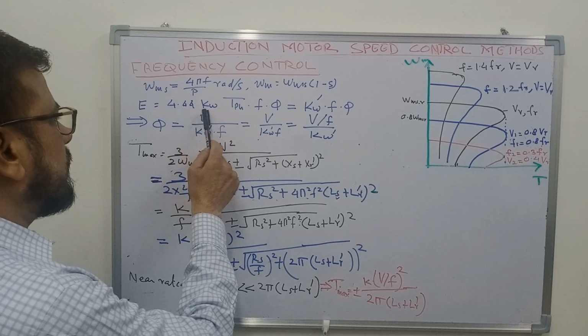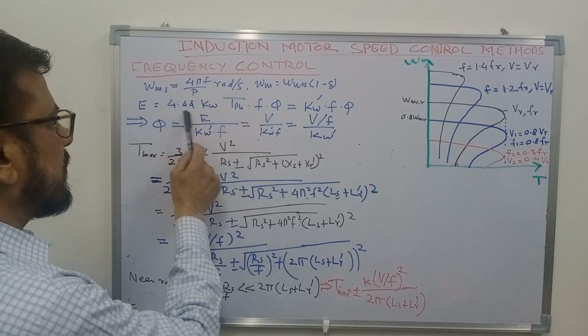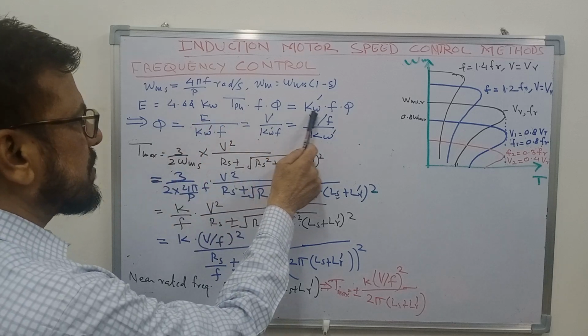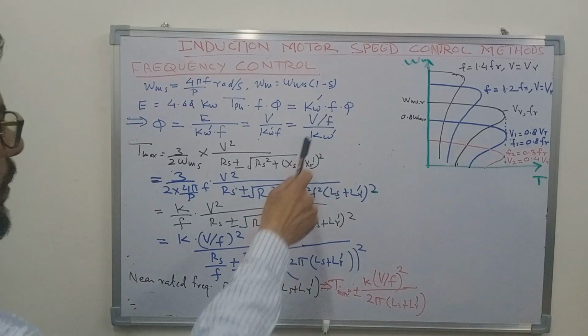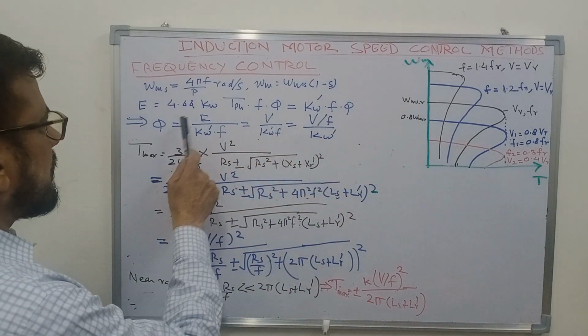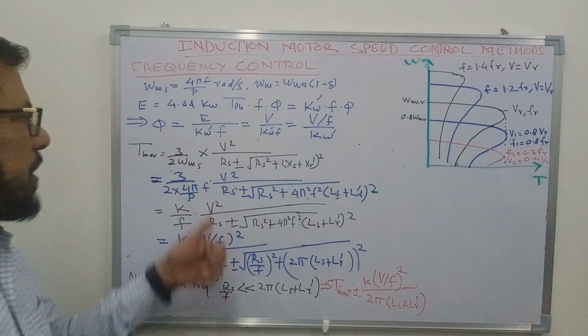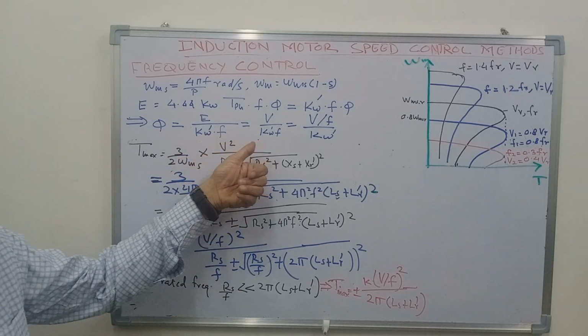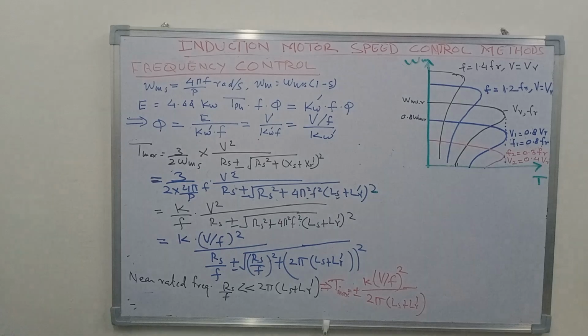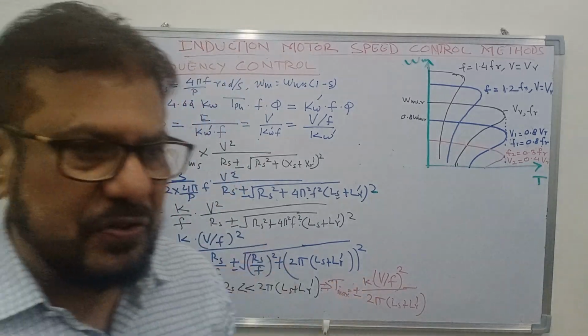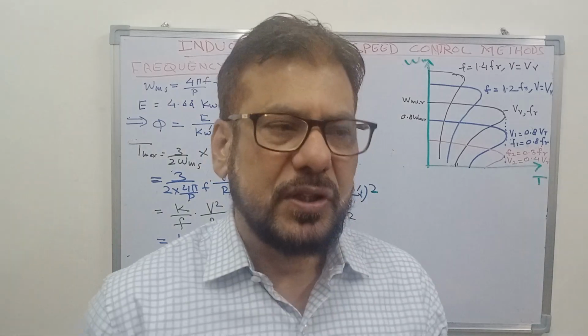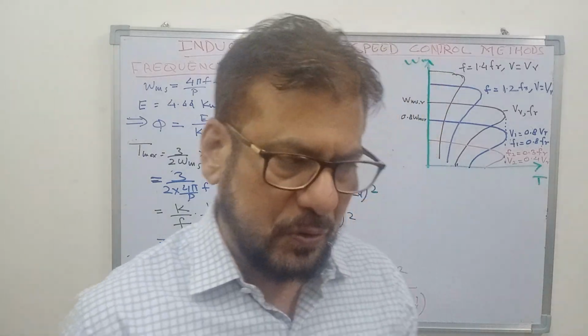It's 4.44 kw TPH. It is a constant. Let me call it kw dash, into f, into phi. Now from here you can write phi is equal to E upon kw dash into f. And as you know, the stator induced EMF will be close to the per phase input voltage.